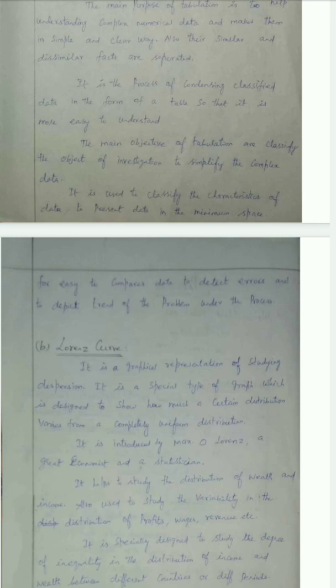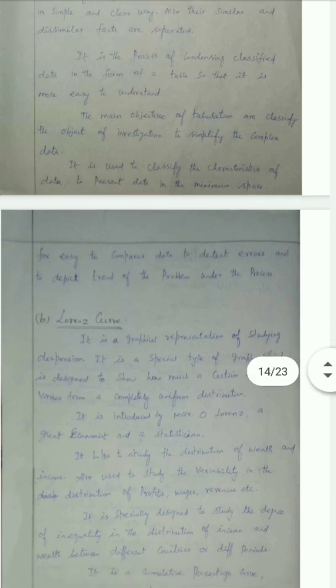The main objectives of tabulation are to classify the object of investigation, to simplify the complex data, to classify the characteristics of data, to present data in minimum space for easy comparison, to detect errors and to depict trend of the problem under the process.